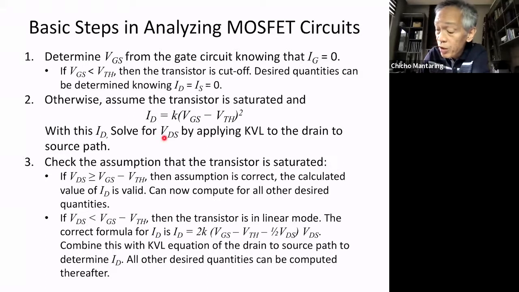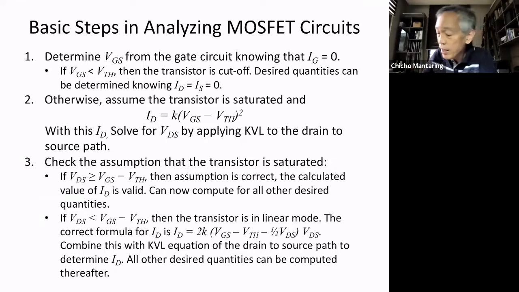Once we've computed VDS, we check our assumption. Let's see if this inequality is true. If VDS is greater than VGS minus VTH, then our assumption is correct and the value that we calculated for ID is valid. Otherwise, if we find that VDS is less than VGS minus VTH, then the transistor is in linear mode.